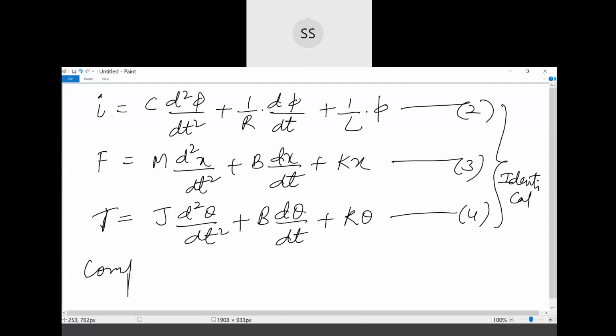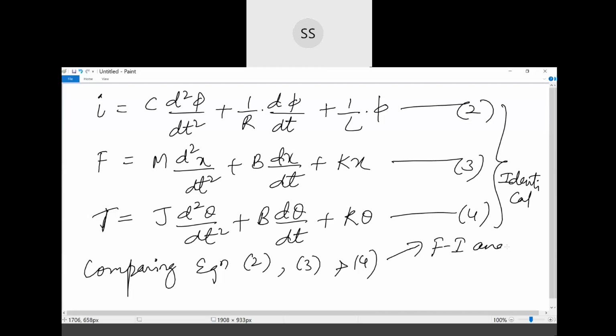By comparing equations 2, 3 and 4, it is possible to write the force current analogy and the torque current analogy.